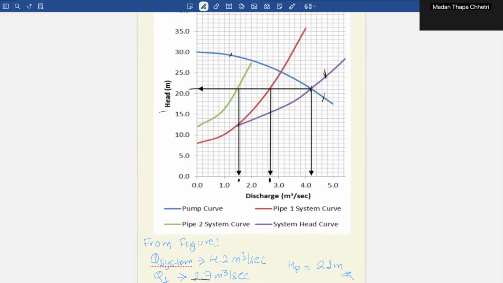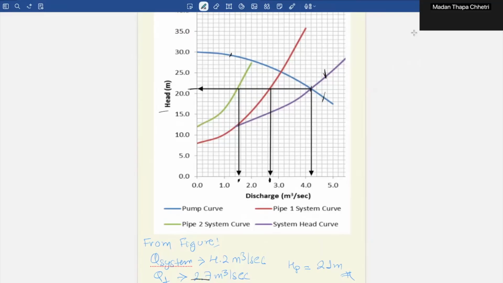So let's wrap up with the big picture takeaways from today's session. Before we begin solving this kind of problem, first we need to look at the problem carefully and identify the static head, and we also need to consider the units.